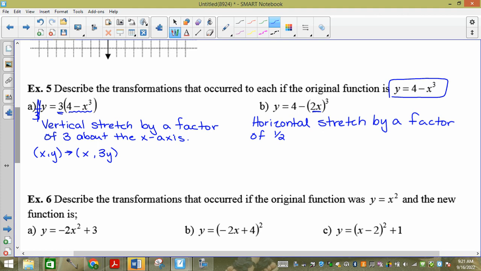About what axis? I use 1/2 in words, I use 1/2 in mapping. So I'm going to get x, y becomes 1/2 x, y. I use the words, I use the mapping. Same number, right? Do you see how every single time it's the same number?